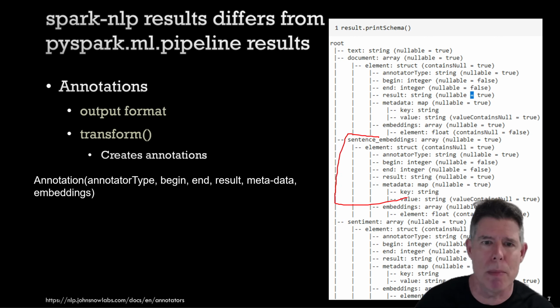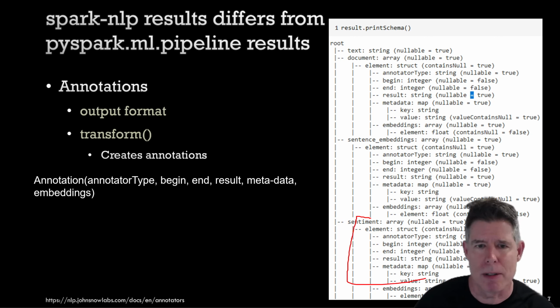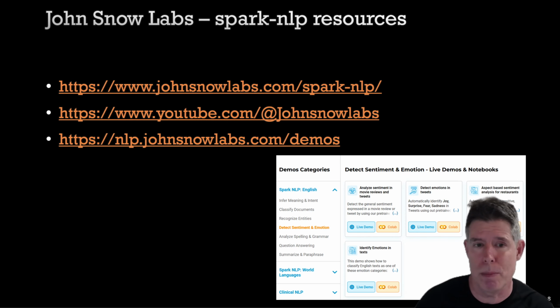Same for sentence embedding, and same for sentiment. So then to get the results out, it's a little bit trickier because you have to navigate this data structure in order to get some of the elements out that you want, but it has more information than you might normally have in a typical transformation as part of your pipeline.